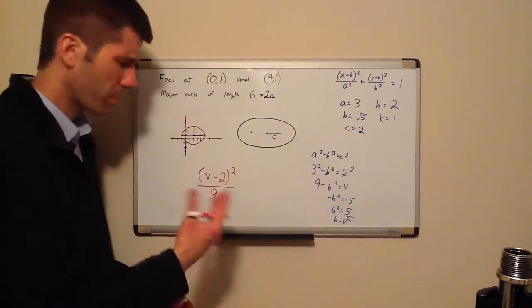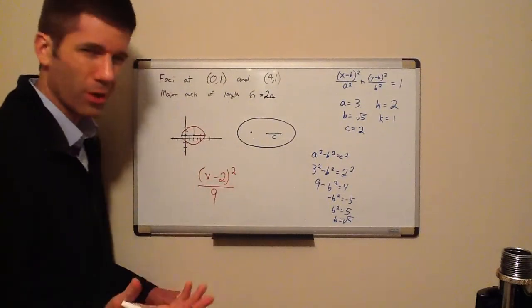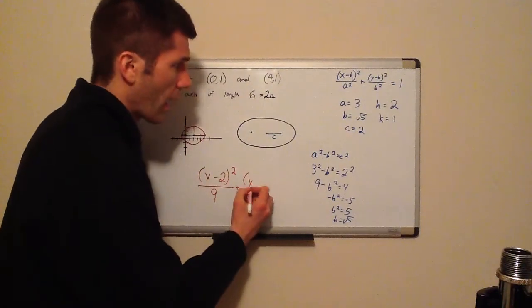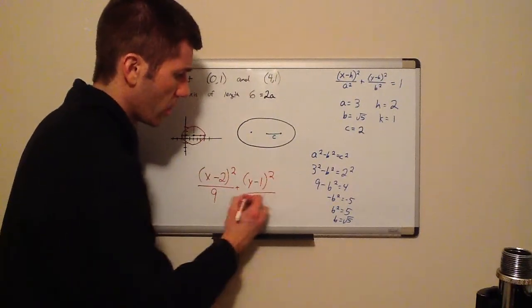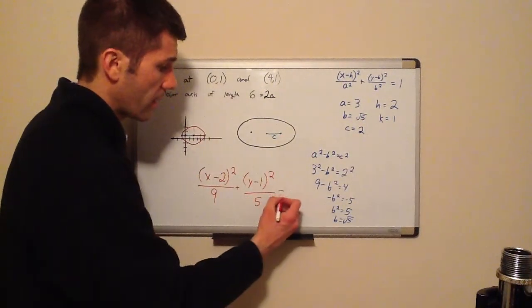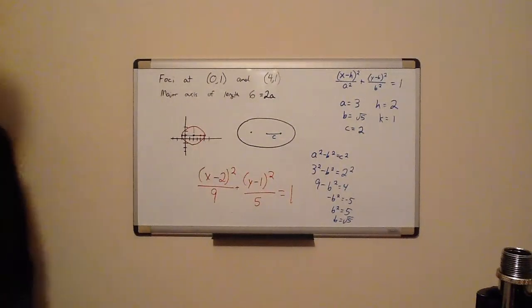They won't put 9. They'll put 3 squared just so you can really look at it and know what a is. You know what the square root of 9 is, so we're not going to mess with that. Alright, y minus 1 over the square root of 5 squared, which would simply be 5, and that is equal to 1. Here it is in red. There's our final answer. Okay?